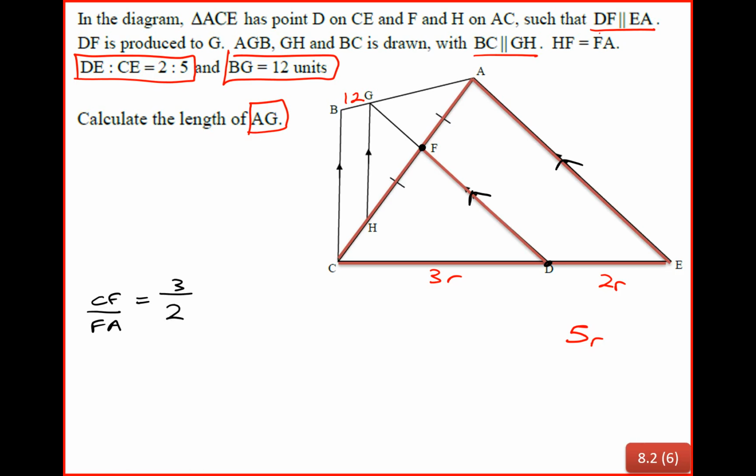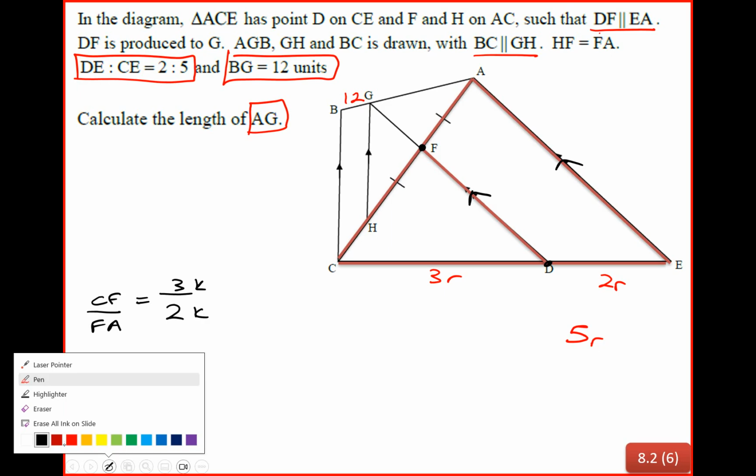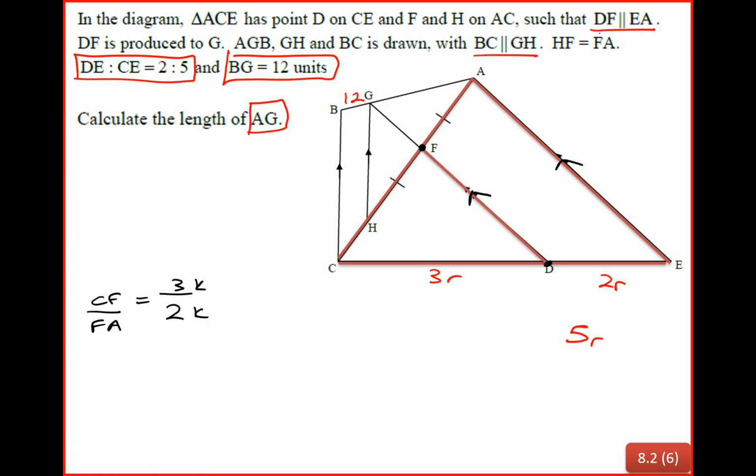So if we want to actually find them in terms of units, let's just call it 3K over 2K. So we're going to put this information into the diagram. So we are now saying that CF will be 3K units and FA is 2K units.